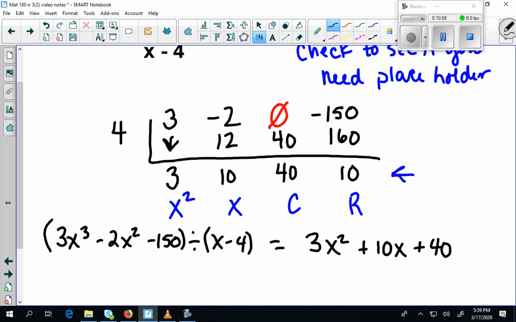My remainder is 10, it's positive, so plus 10. And you'll remember my divisor was x minus 4. You can only use this synthetic division if your divisor is a binomial with x being degree 1.